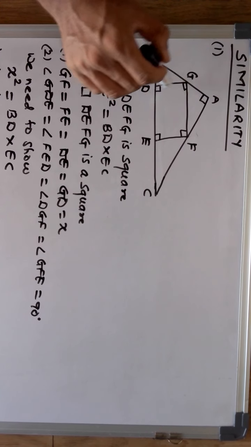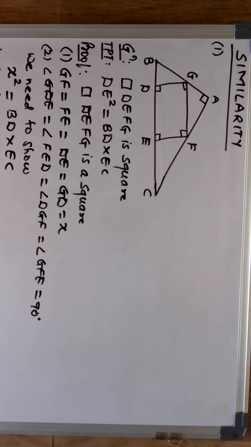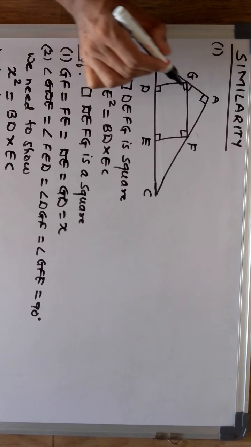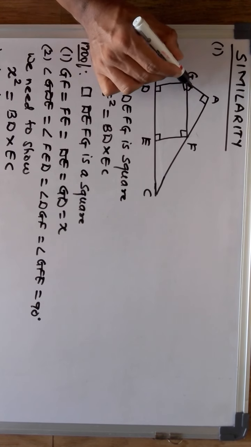Now, one right angle I already have. I just want one more angle, because if I am thinking of showing two triangles similar, I will only concentrate on the AA test. So you concentrate on this particular angle. See this angle. This angle and this angle.